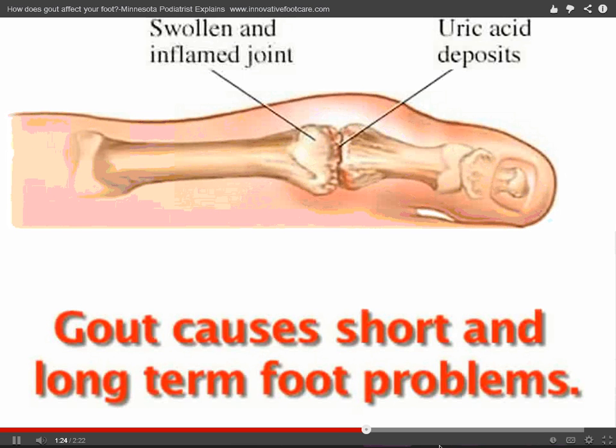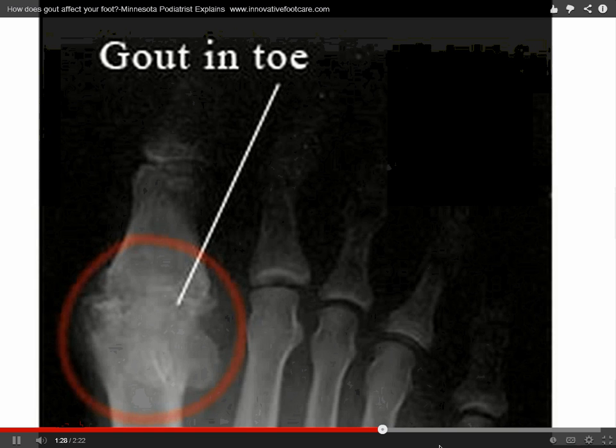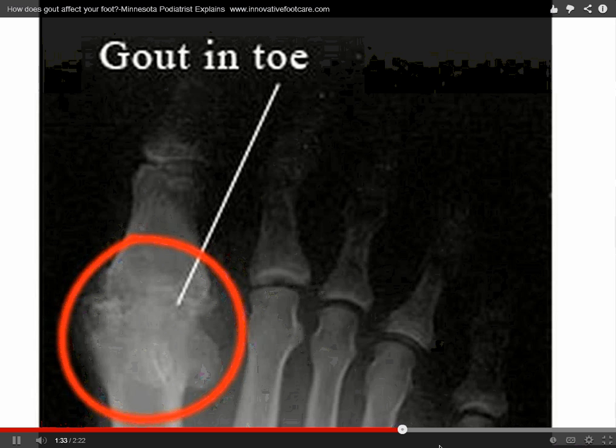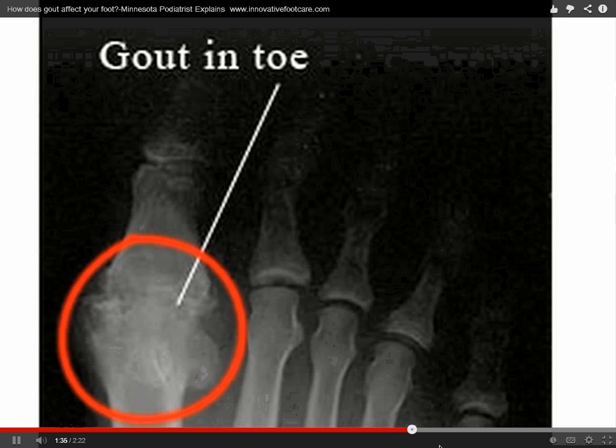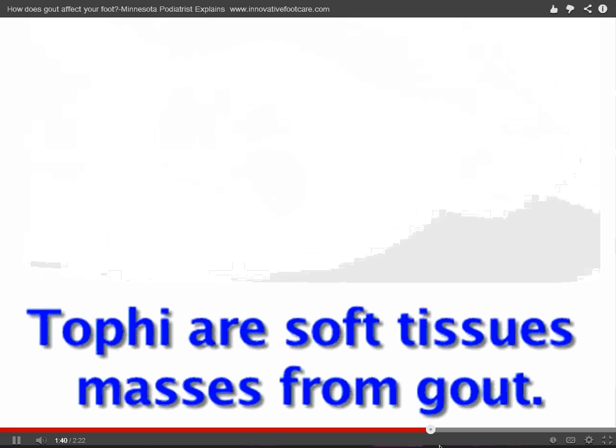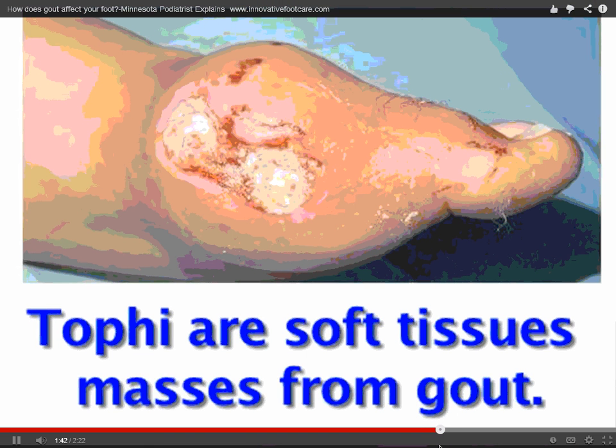It has extra erosion, which almost looks like rat bites X-rays. And this can lead to long-term foot dysfunction, and also in the soft tissue, something called a tophi, which is a deposit of uric acid can build up, and sometimes these can be surgically excised.